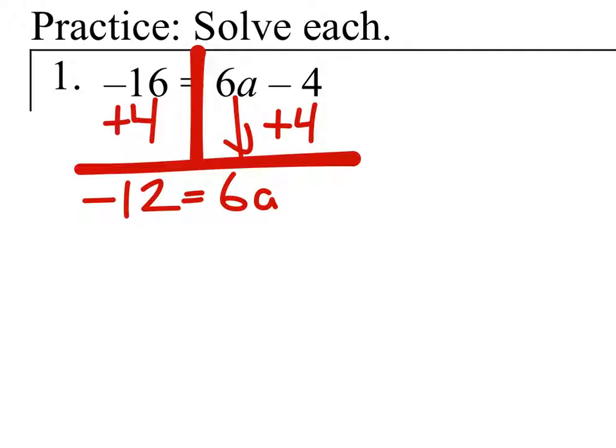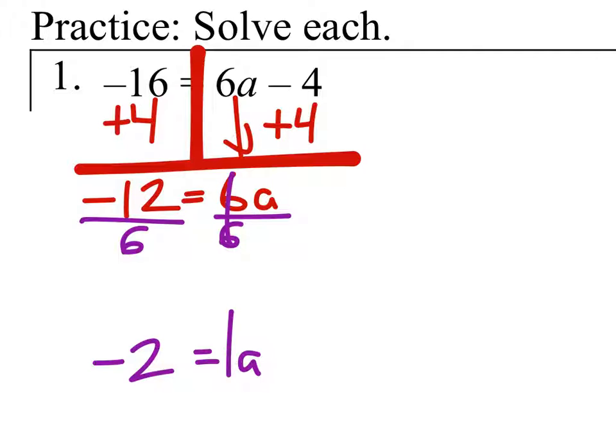So now I can see that 6 a's have a value of negative 12. To figure out how much each a is worth, I want to figure out how much 1a is worth. So I'll change the 6 into a 1 by dividing both sides by 6. 6 divided by 6 is the 1. Negative 12 divided by 6 is negative 2. And yes, you should be using calculators to figure that stuff out because that's what they're for. They're there to help you.